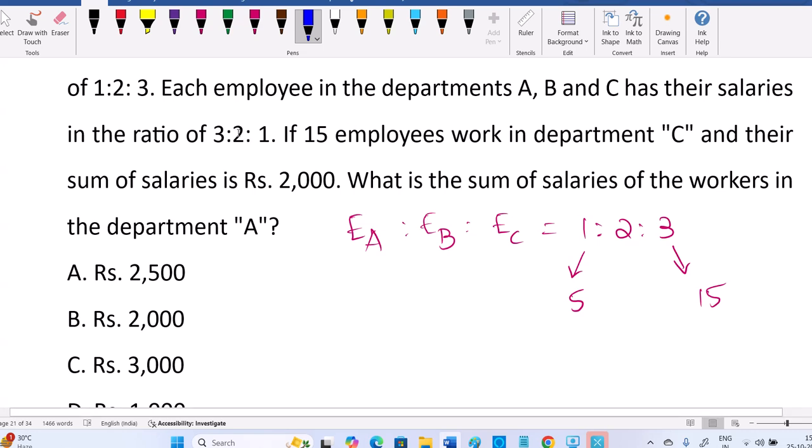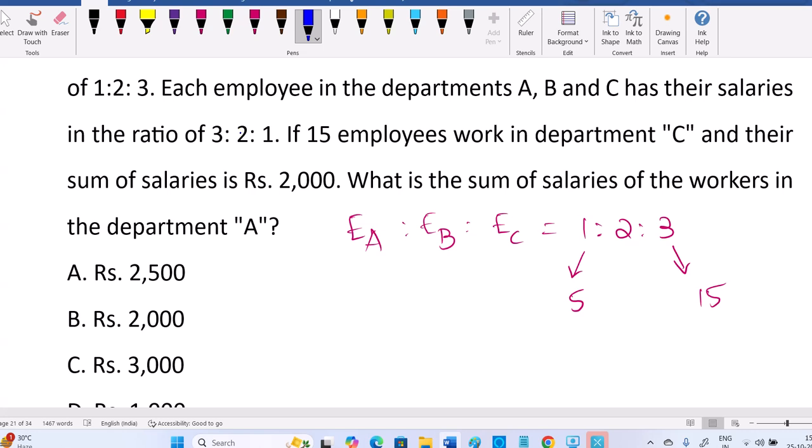Okay, here they've given each person's salary in A, B and C in the ratio 3, 2 and 1. Let's say 3,000 and 1,000 like that.